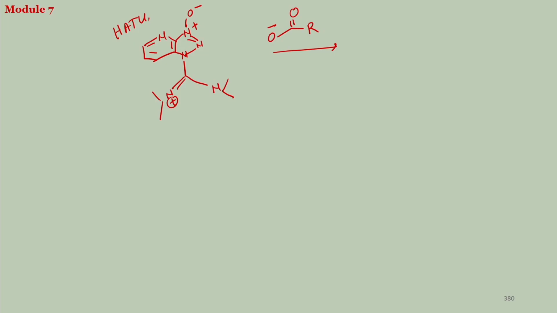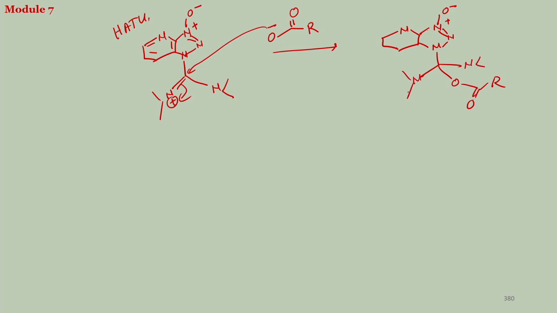Again for this also you need a little bit of Lewis base. So, you have a negative charge here, you have an electron deficient carbon here. First attack is this. This is O, COR, this becomes neutral now.